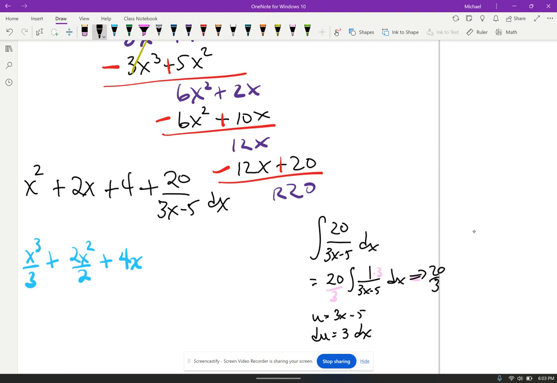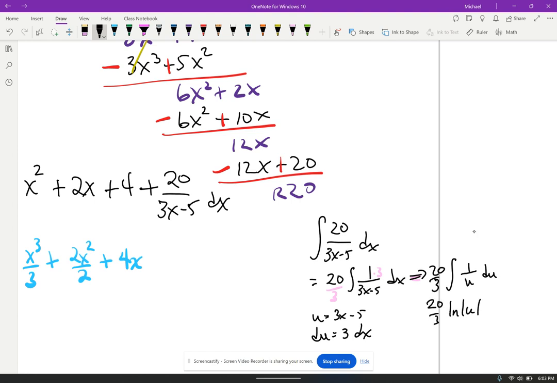So now this is going to leave me with 20 thirds times the antiderivative of 1 over u du. What happened to the 3? Well, the 3 dx becomes du, and the 3x minus 5 becomes u. And now I see that this is the natural log of the absolute value of u.